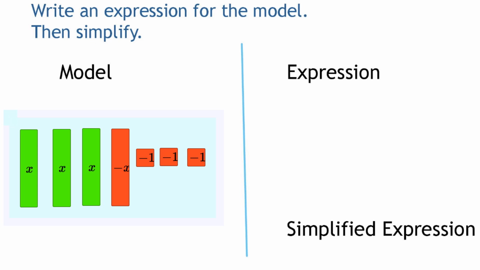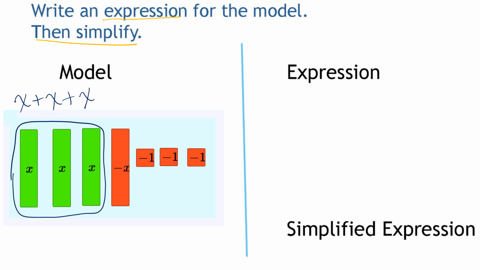Okay, so let's take a full example where we actually start with the model. So they give us the tiles, and we need to write the expression and simplify it. So we're going to look again, and we're going to say, okay, we have X plus X plus X here.